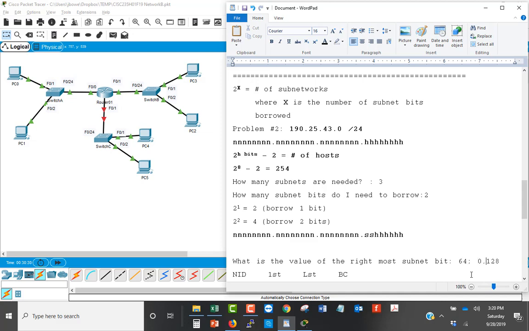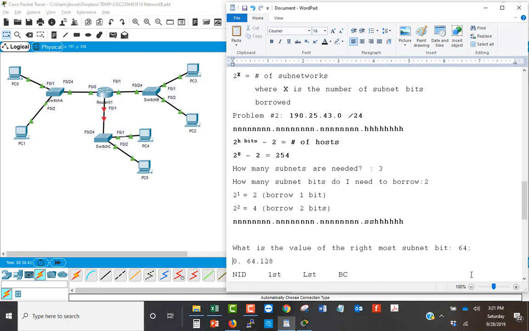And our blocks then are 0, 64, 128, and 192. Those are going to be our potential network IDs.